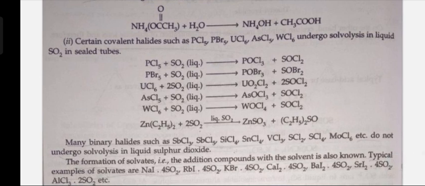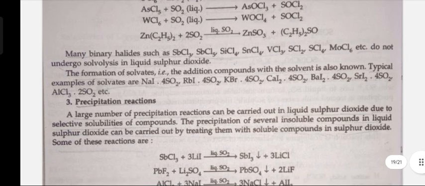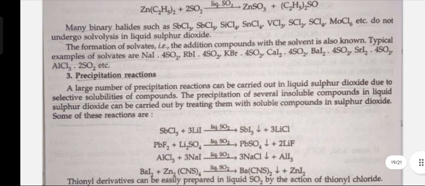Certain covalent halides such as PCl5, PBr5, UCl6, AsCl5 undergo solvolysis in liquid SO2 in sealed tubes. Many binary halides such as antimony trichloride, antimony pentachloride, silicon tetrachloride, tin tetrachloride, vanadium trichloride, SCl2, SCl4, molybdenum hexachloride do not undergo solvolysis in liquid sulfur dioxide.